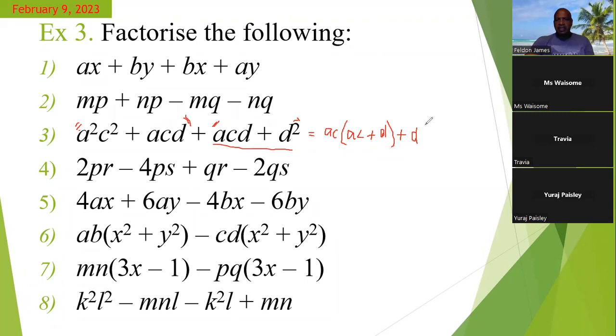So when we take D to divide each of those terms, for AC we're going to divide that by D. The D's cancel, leaving what? AC. So we have AC in the bracket here, with the plus sign.